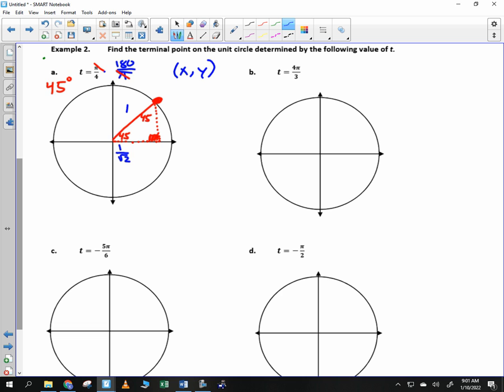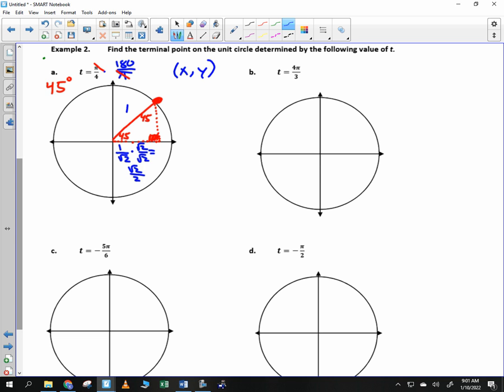Can you leave the square root of 2 in the denominator? So what do we multiply top and bottom by? Good. So what do you get? Root of 2 on the top and 2 on the bottom. So that is this dimension right here.